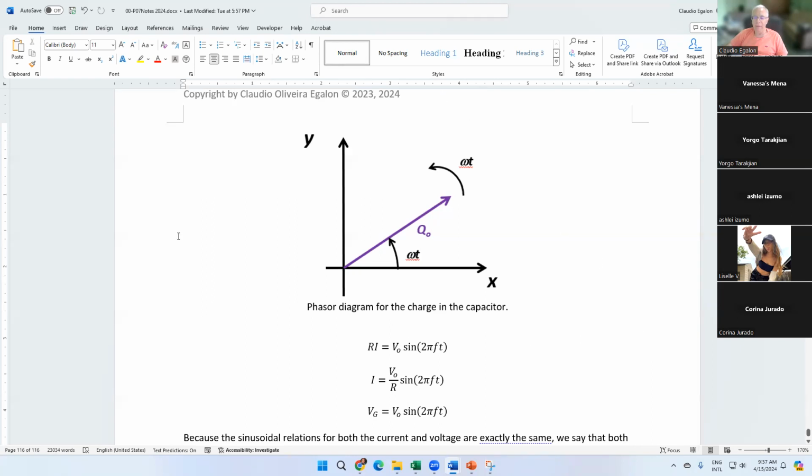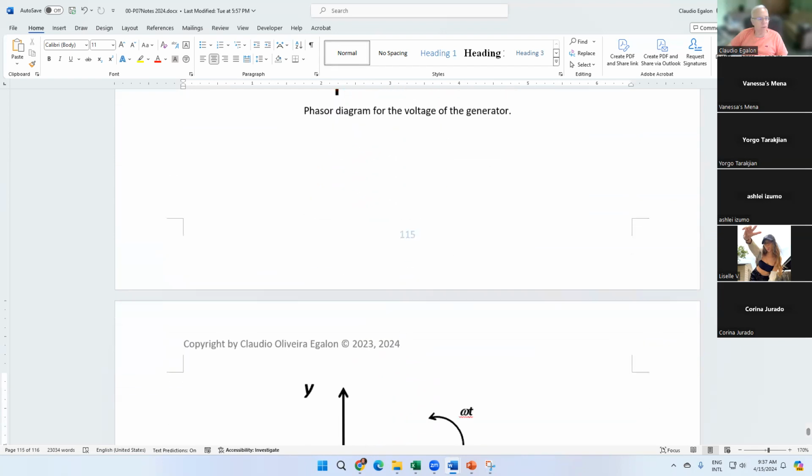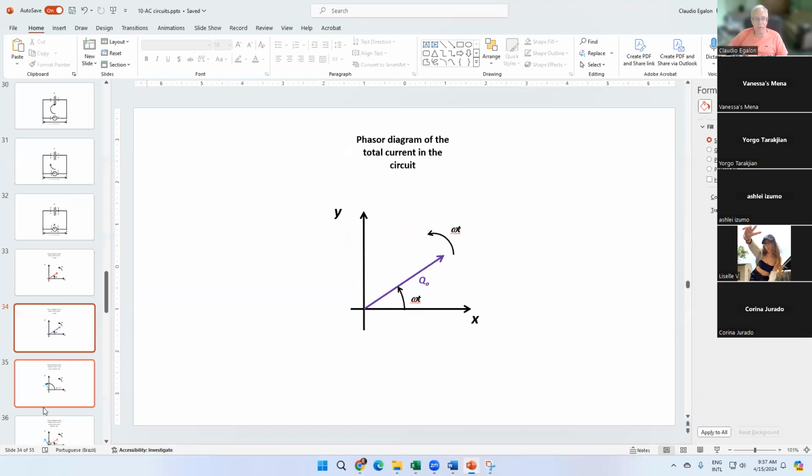It rotates. And now the phasor diagram for the current is going to be 90 degrees off. We say that the current in the capacitor leads the voltage of the generator. Okay?